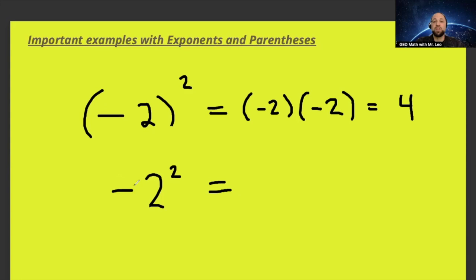This expression, the negative sign only appears once, and the 2 itself is getting duplicated. The exponent is only on the number. That's why I see the number twice, but it does not reach the negative sign. The negative sign is only here one time. Final answer is -4. Please notice the difference. Write this down in your notebook.